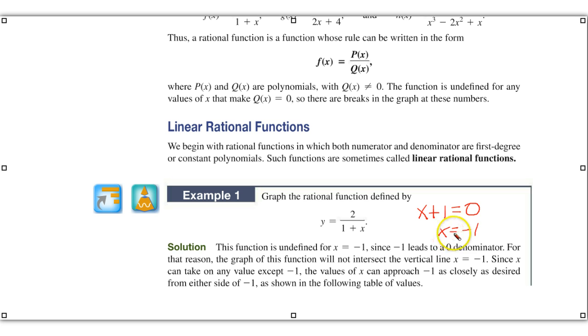Now this also shows something else, that when we graph this, because that is what we have to do here, when we find the value that makes our denominator 0, negative 1, that is referred to, as we'll see shortly, the vertical asymptote.